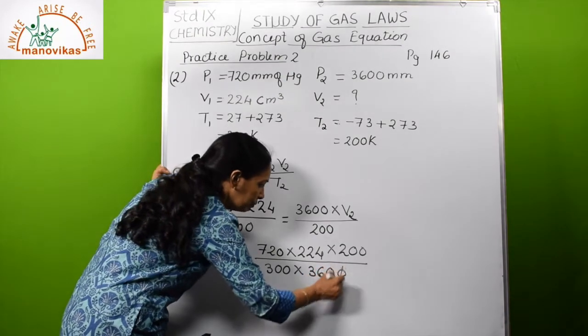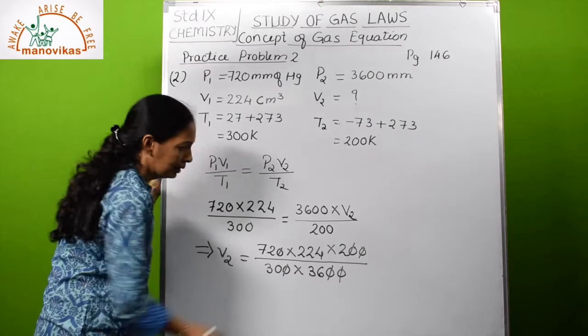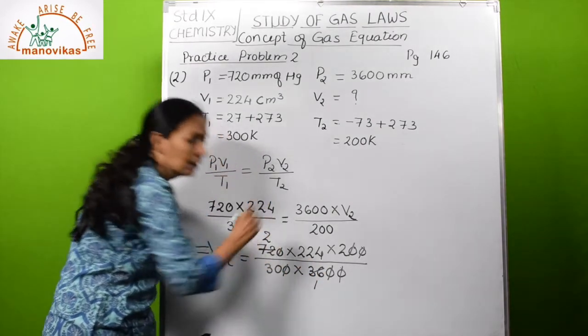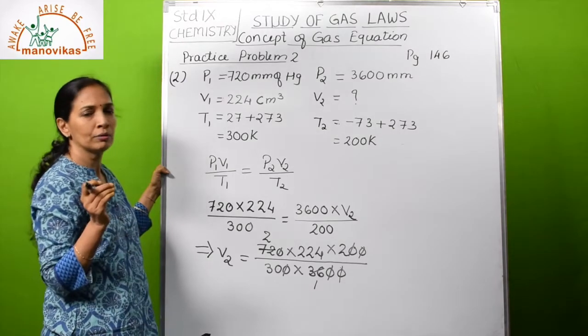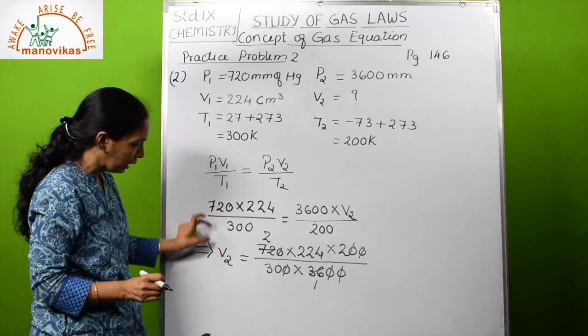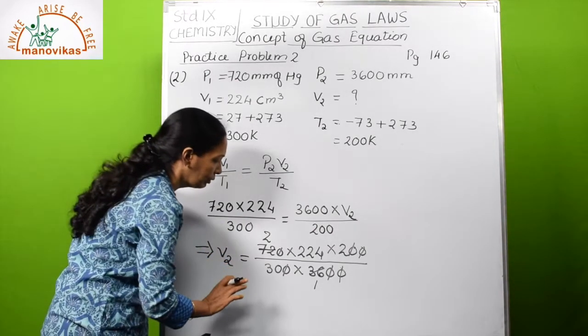So it will become 0 will get cancelled, 1 will get cancelled. Now 36 ones are and 36 twos are 72. You can start with 2 even. Then what you do, you leave some space above this. So don't write immediately, so that there will be sufficient place for calculation.